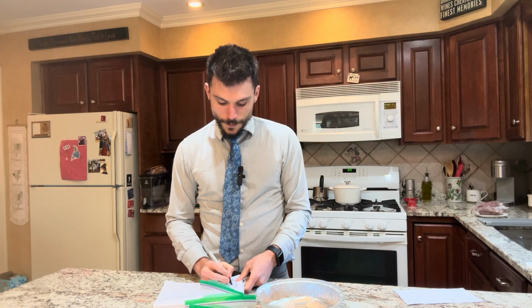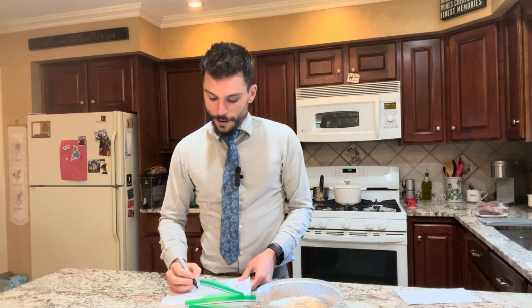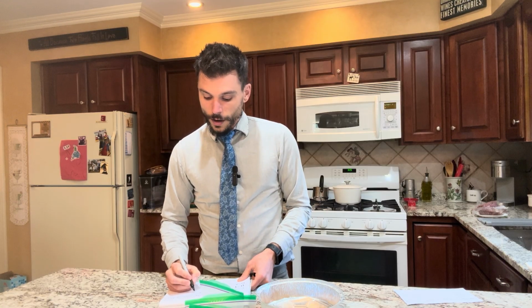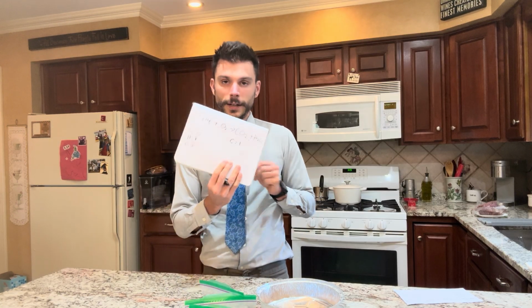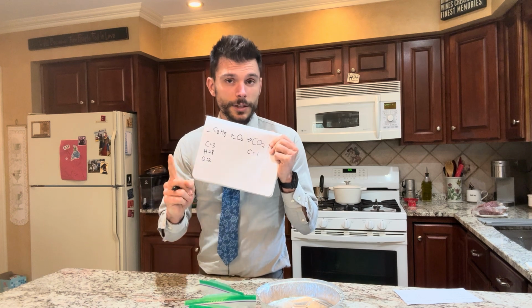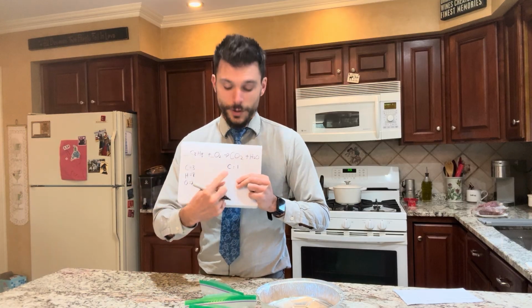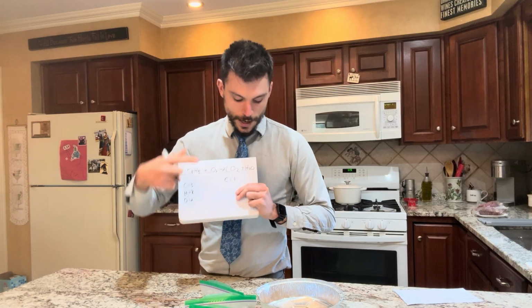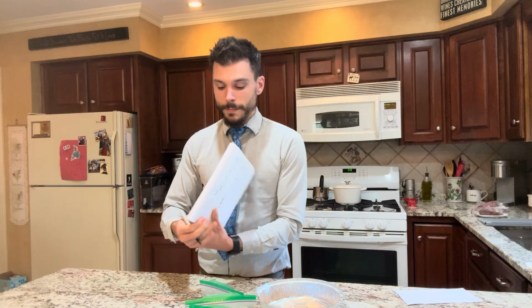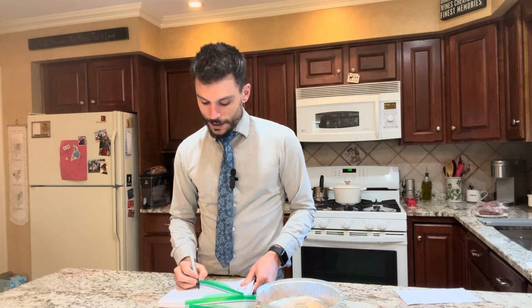So on the other side of our products, we have only 1 carbon, right? But you'll see the oxygen got distributed with the carbon dioxide and the water. So we have to make sure we total up 2 oxygens plus the 1 from the water, which is going to make 3 oxygens.